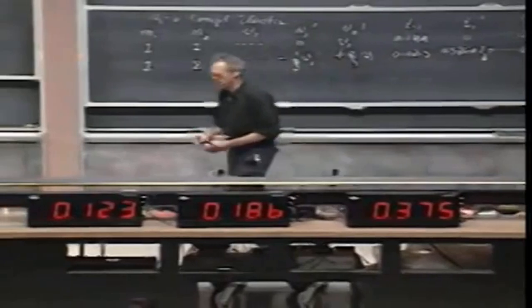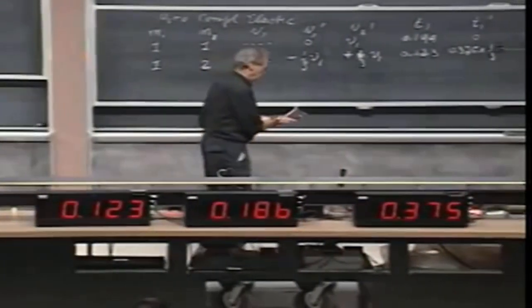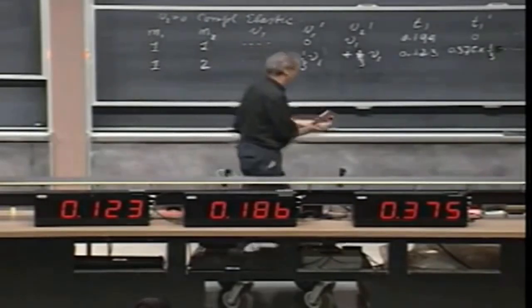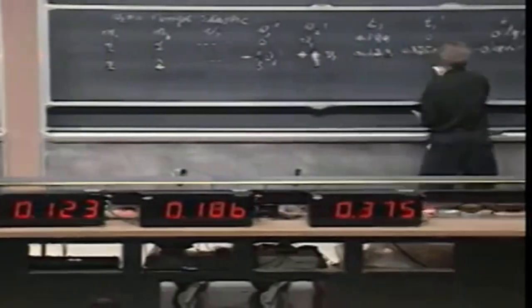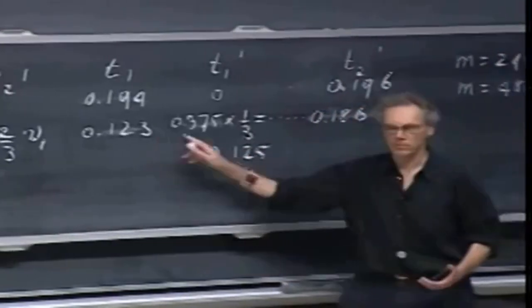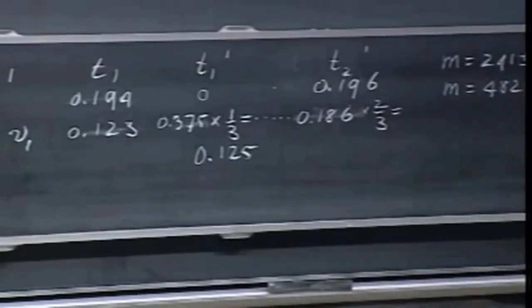Okay, let me be lazy, and let me use my calculator. 375 divided by 3. I could have done that by heart, of course. This is 0.125. An amazing agreement. Only 2% off, less than 2%.